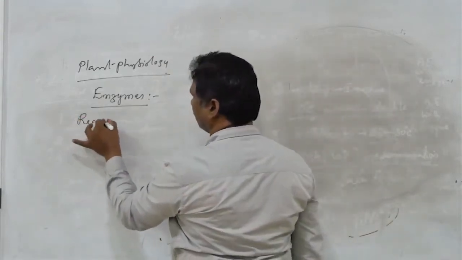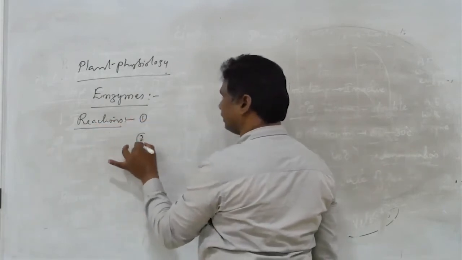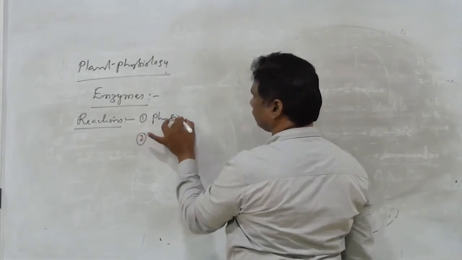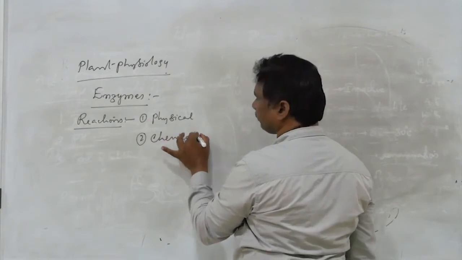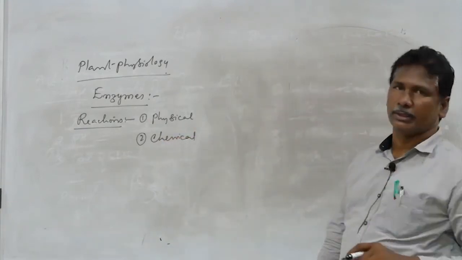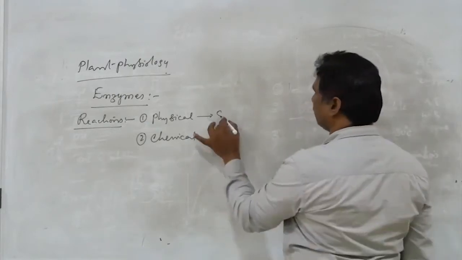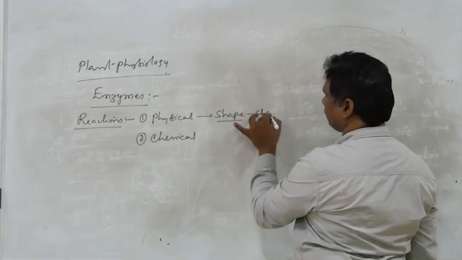reactions in organisms. There are two types of reactions: physical reactions and chemical reactions. In physical reactions, only the shape of the substance is changed.